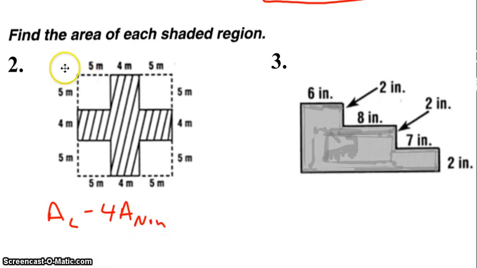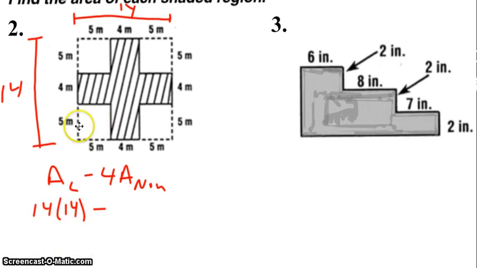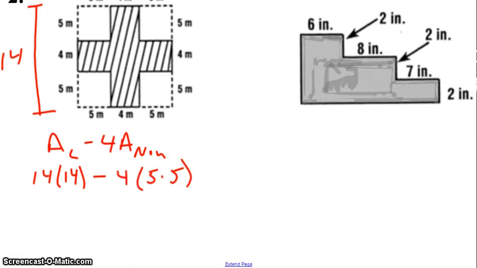In this case, the dimensions of the larger one would be 14 by 14, minus each of these are 5 by 5, and I have 4 of them. So when we go ahead and calculate that, we would get 196 minus 100, 96, and we're going to go ahead and label that as well, meters squared.